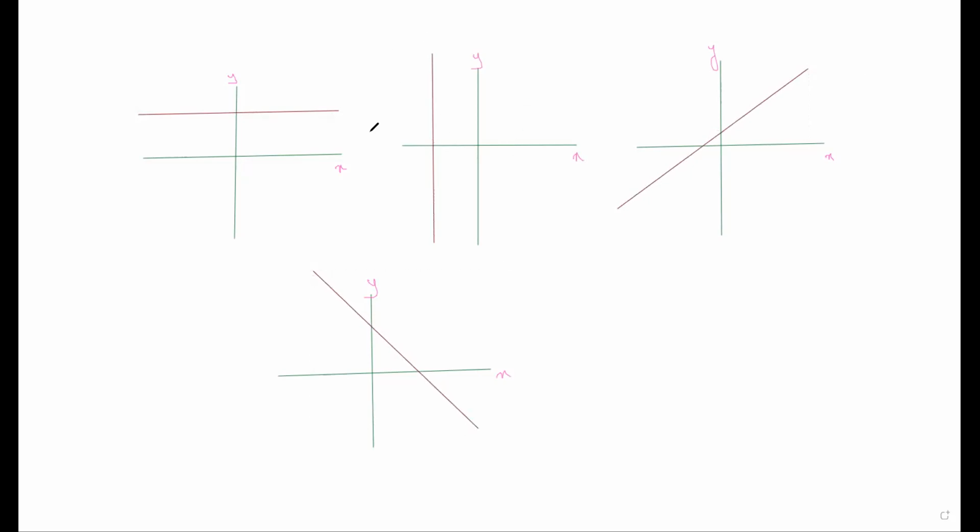Tell me about the slope of the first case. What can you say about the slope? Zero. I told you already yesterday, the slope of a horizontal line is zero. The reason is that if you take any 2 points, say x1 y1 and x2 y2, the slope is y2 minus y1 divided by x2 minus x1.